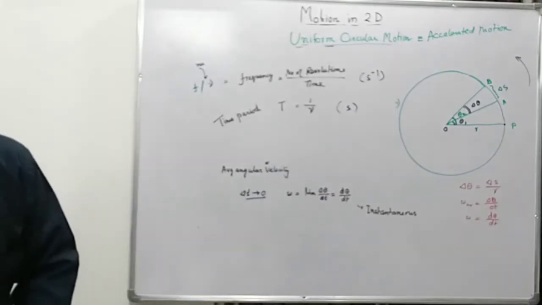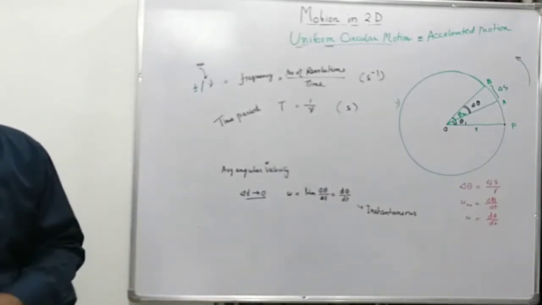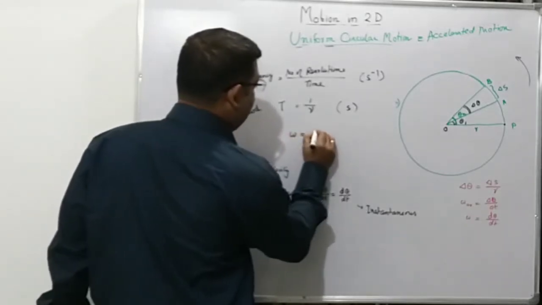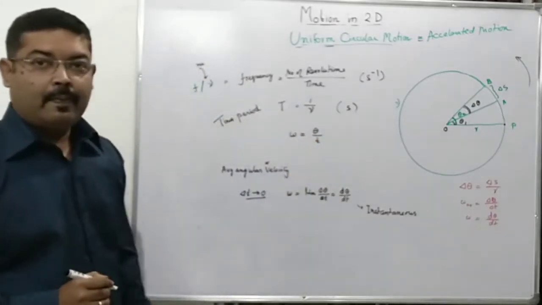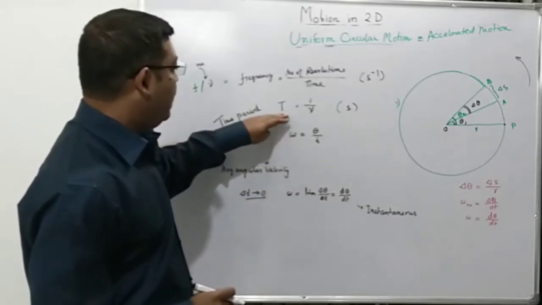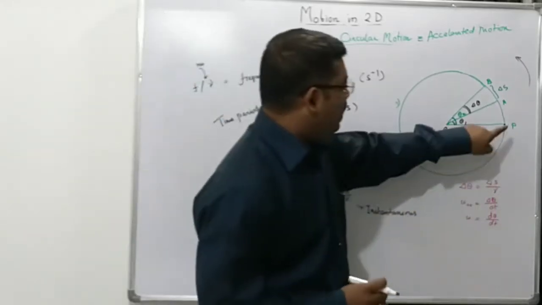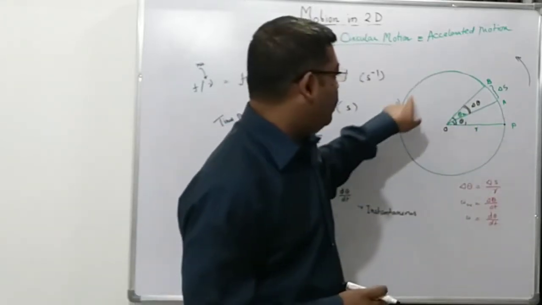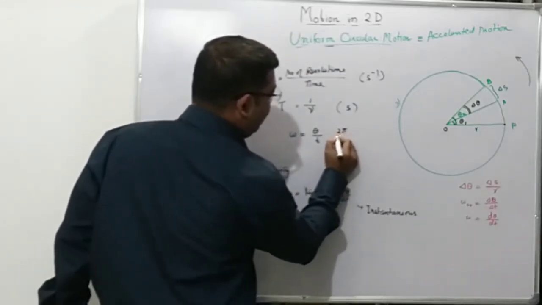If we club these things together, we have just found that omega will simply be the angle subtended by time. Now, the angle subtended in one time period, by definition, the object would have completed one revolution. When it completes one revolution, the angle subtended at the center will be 2 pi, we have just seen this.